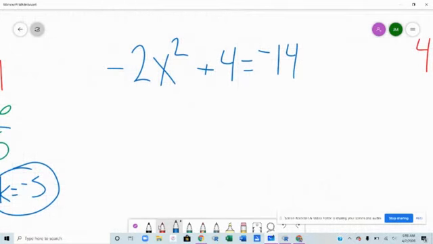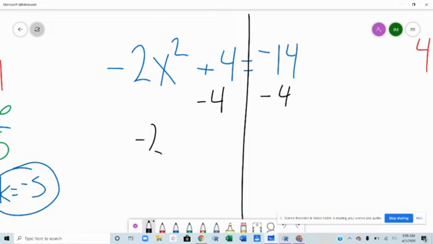Next one. It might help you to draw your line through your equal sign if you need to. We've got negative 2x squared plus 4 equals negative 14. Start out, SAD map says to get rid of addition or subtraction first. So we have plus 4, so we need to subtract 4 from both sides. So negative 2x squared equals negative 14 minus 4 is negative 18.